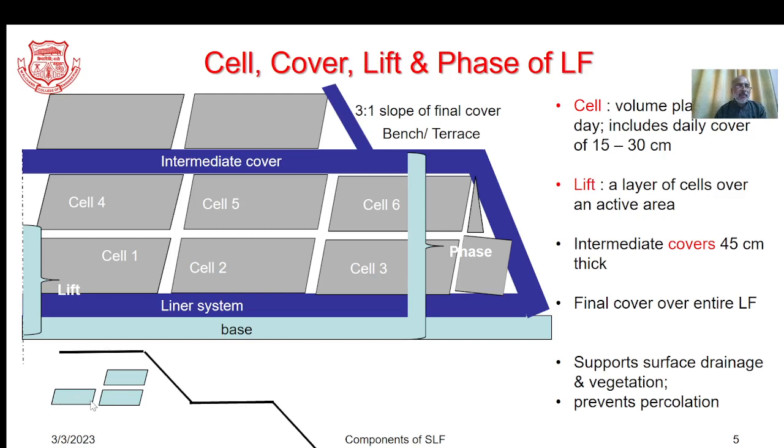It would have a specific length, breadth as well as depth. So this will form a cell for a day. At the end of the day, it would be covered in all the directions with a soil cover of thickness 15 to 30 centimeters, which is well compacted.